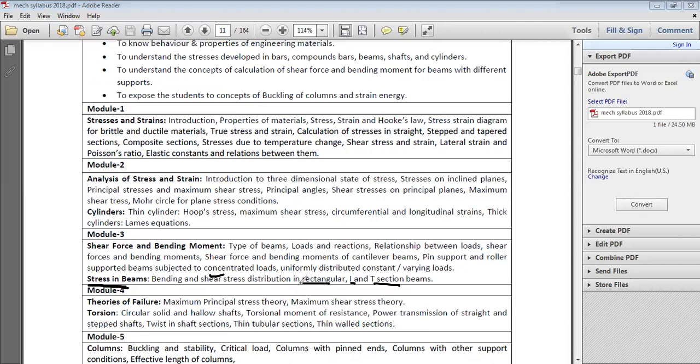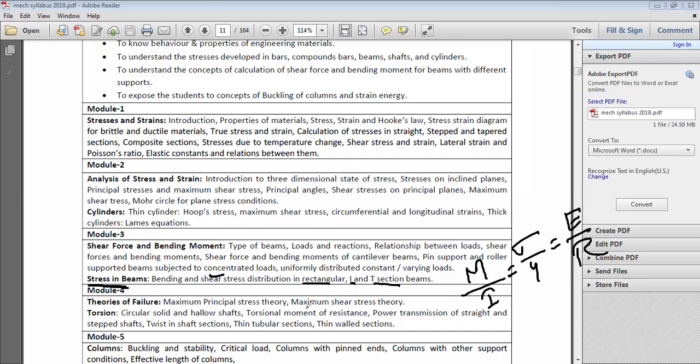If I want to understand the bending and shear stress distribution in rectangular, T and I sections, I should know the bending equation for a beam, that is M by I is equal to sigma y by y is equal to E by R.